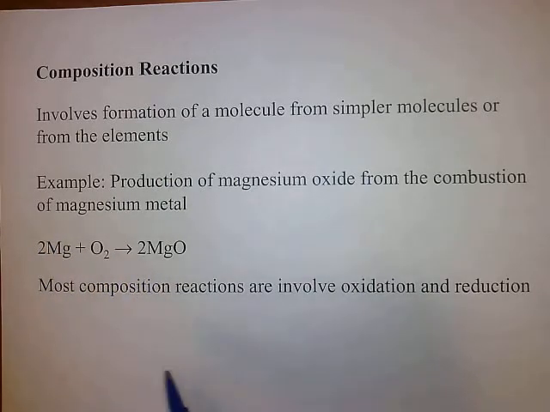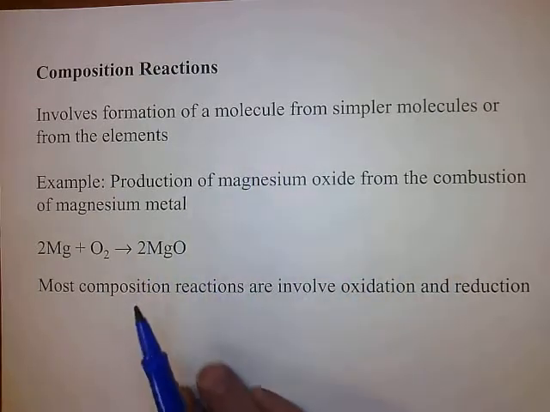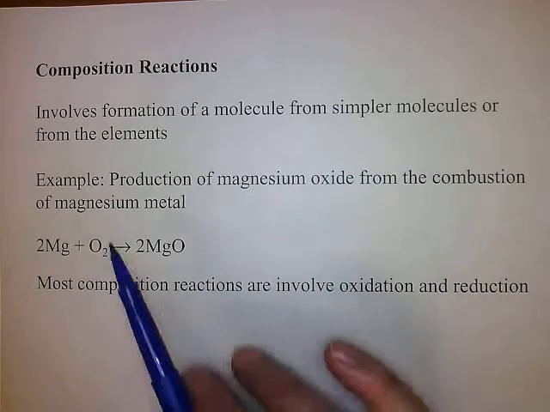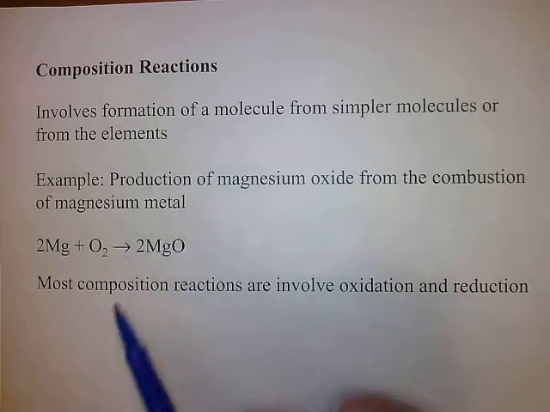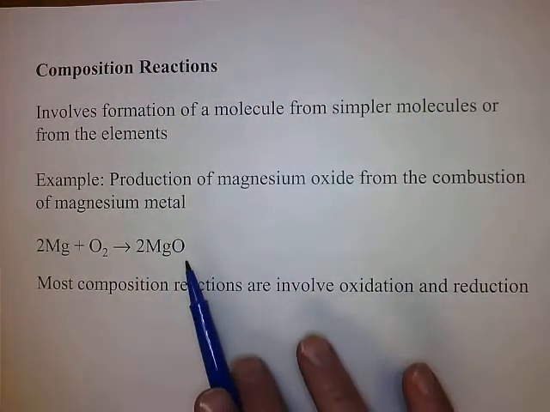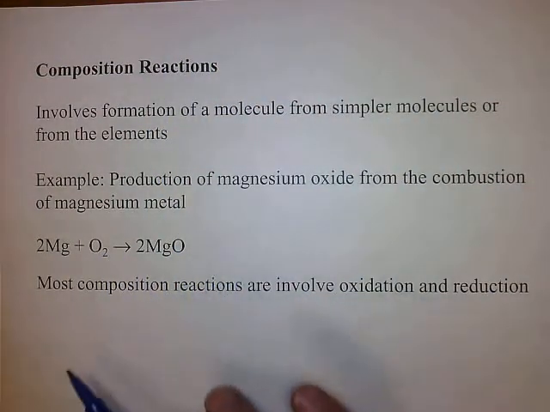Or old style flash bulbs, which most people have probably never seen at this point, had fine magnesium ribbon in a glass bulb that was filled with pure oxygen, to make the reaction go even faster. But anyway, this is a combination or a composition because you're making a compound. Most composition reactions are going to involve redox. I can think of some that might involve acid and base, but most of these are going to be redox.